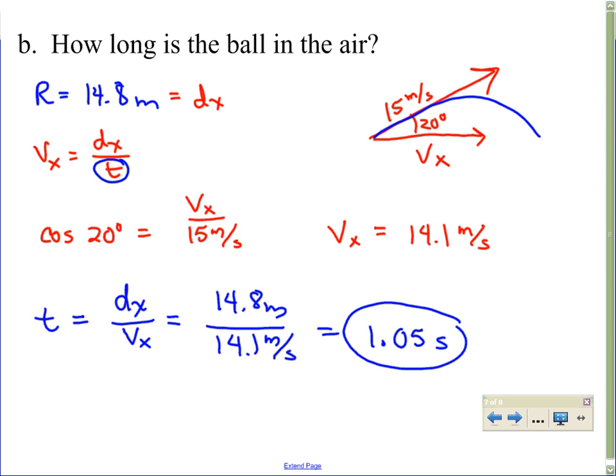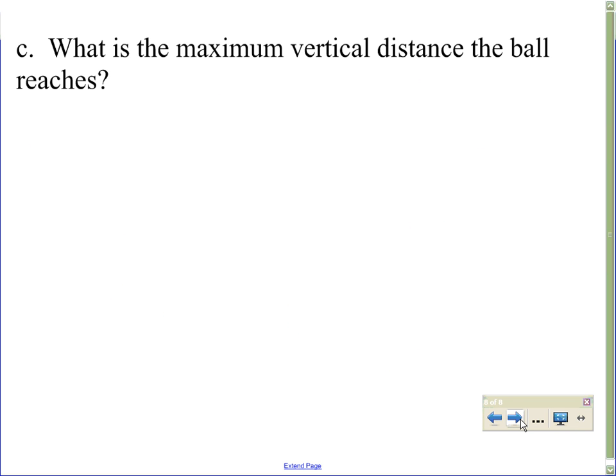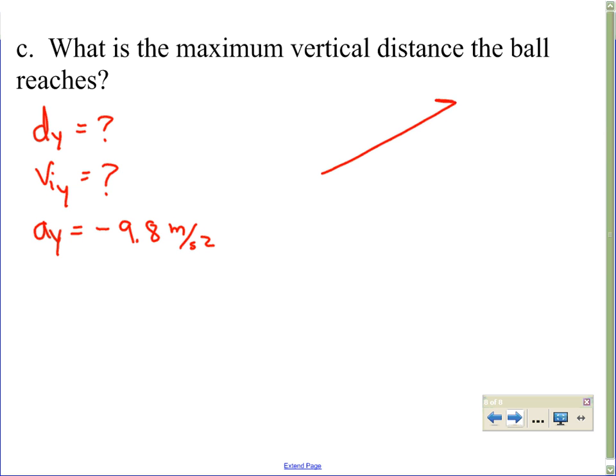Okay, let's look at part C. What is the maximum vertical distance the ball reaches? So vertical distance, we want dy. So we're going to need to know VIY, which we haven't calculated yet. We do know that gravity is going to act against this, so it's negative 9.8 meters per second squared. So remember, our initial velocity was 15 meters per second. Theta was 20 degrees.